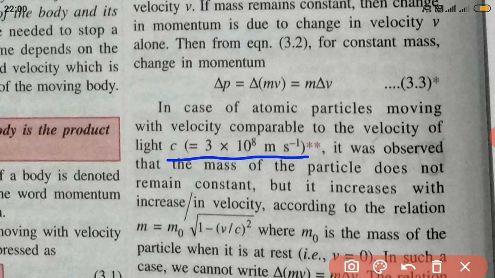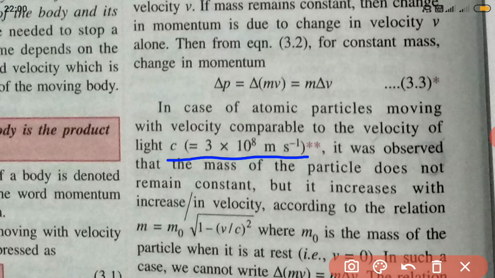If any object moves with a velocity near this value, then the mass does not remain constant. It was proved by Einstein. The mass increases with increase in velocity.